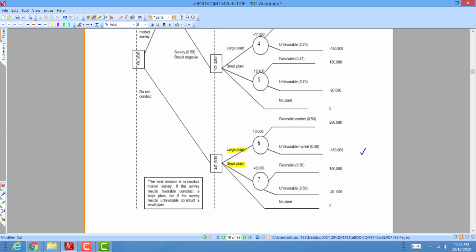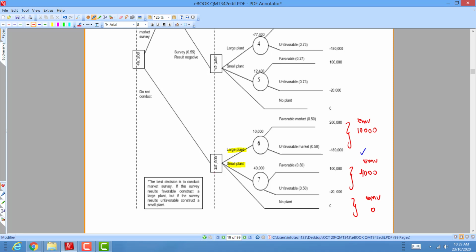If I put all the EMV values here, this one you will get 10,000, this one 40,000, and this one 0. So we will pick 40,000. It will go into this square decision node.